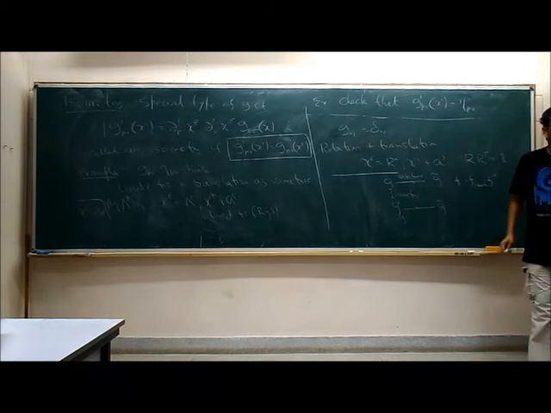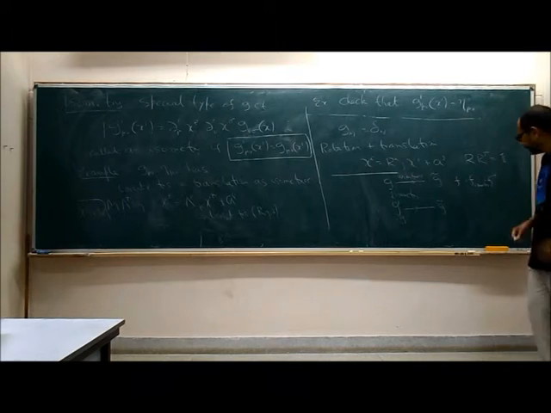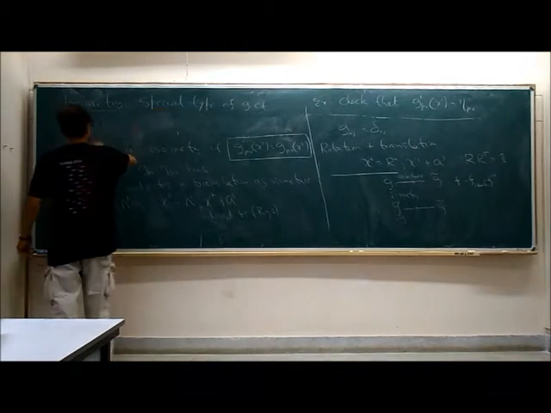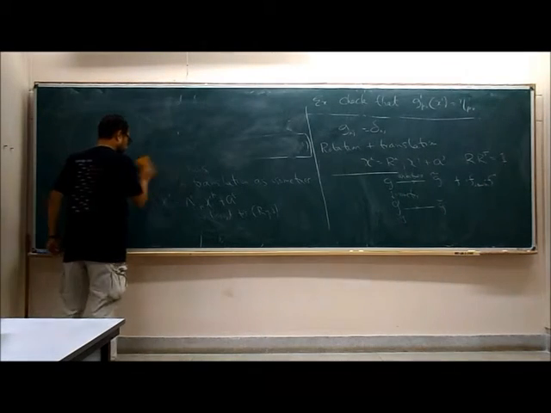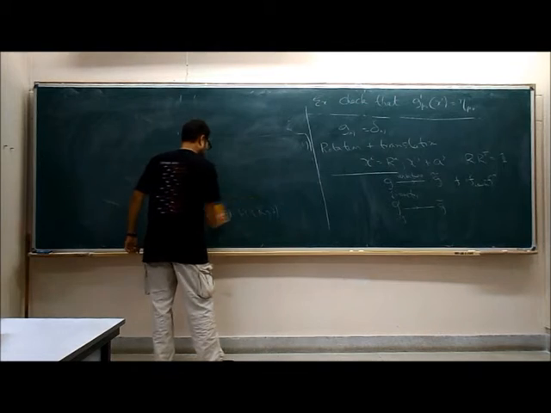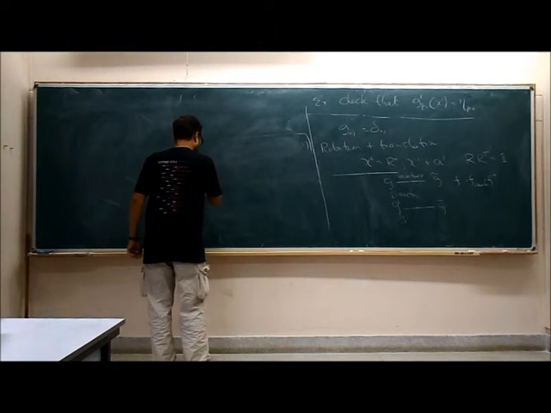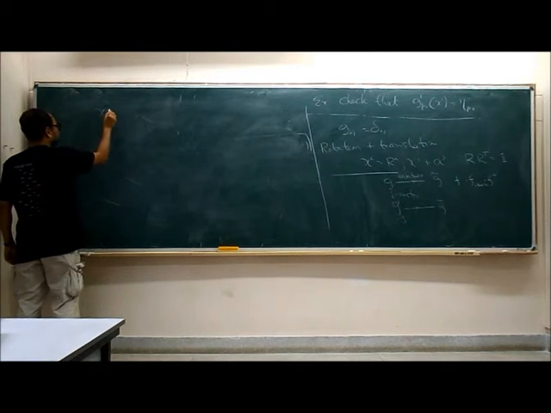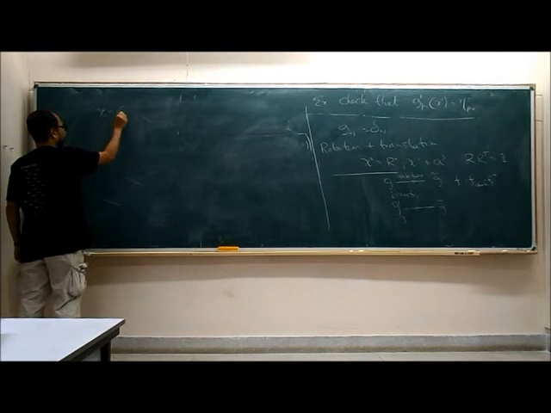Could you assign the coordinate labels to each? Yes. So let's suppose the isometric transformation is x equal to f of x prime.